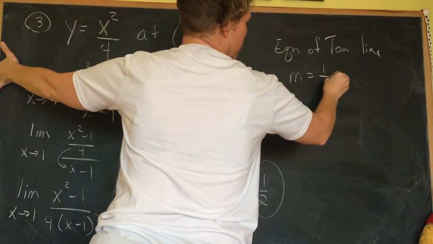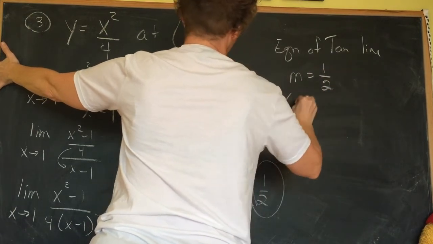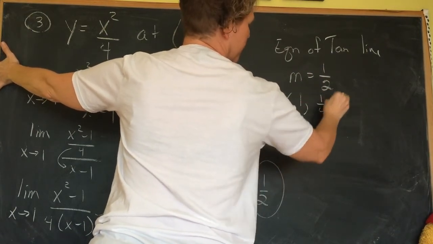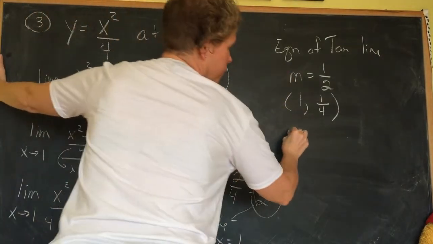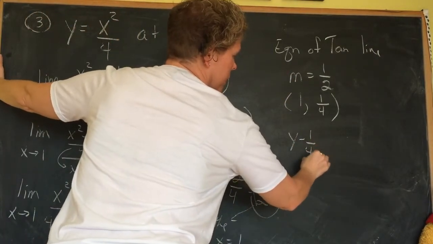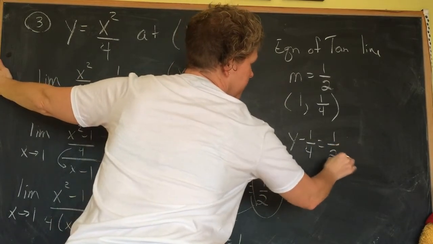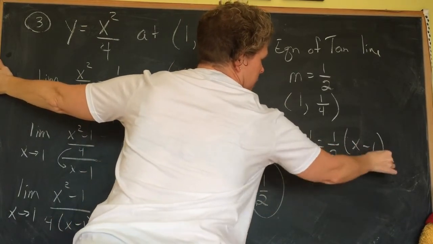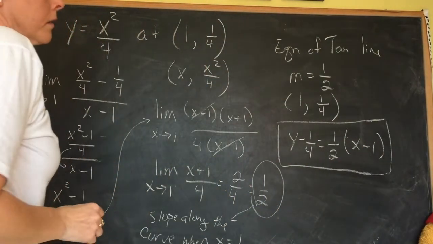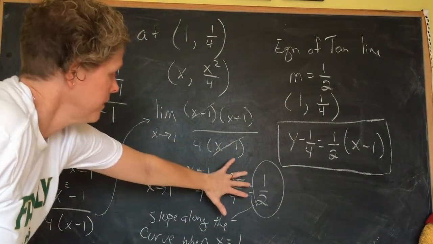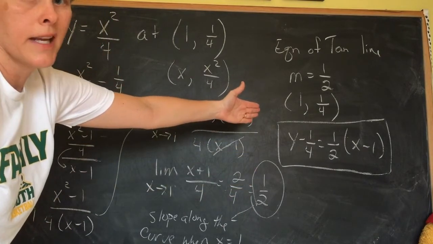I have a slope of 1/2. I have a point of 1 comma 1/4. So if I write that in point-slope form, I get y minus 1/4 is equal to 1/2 times x minus 1. All right, that's the derivative. That's the equation of the tangent line.